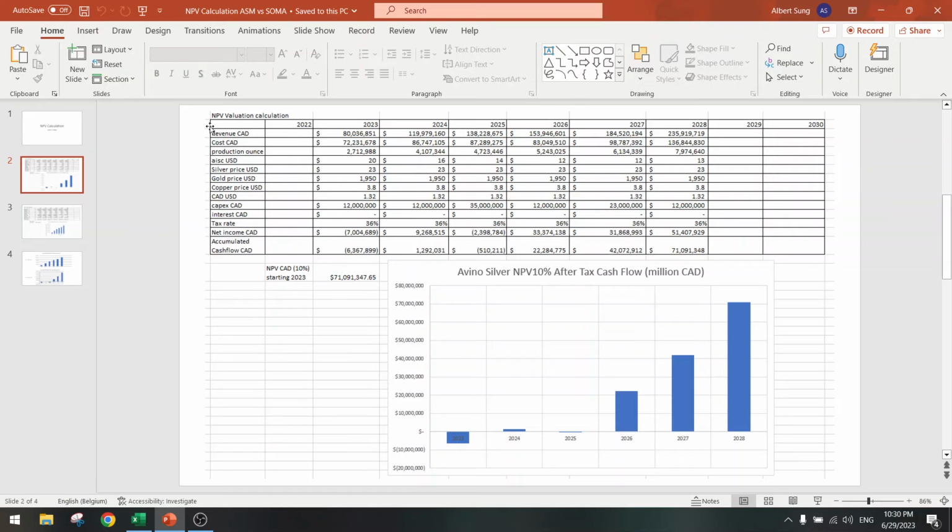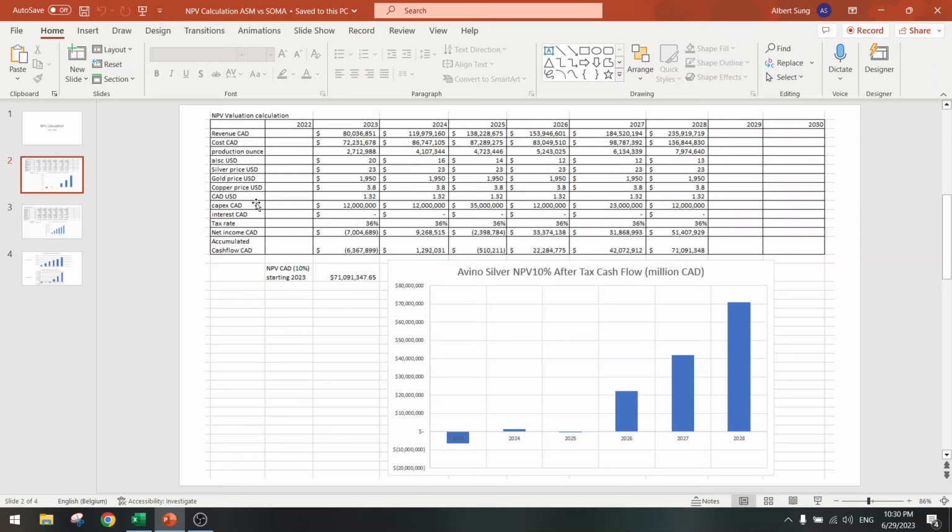So what do I use here? We always calculate the revenue per year and the cost per year. Revenue is derived from production and the prices of the metals. The cost is derived from the AISC and production.